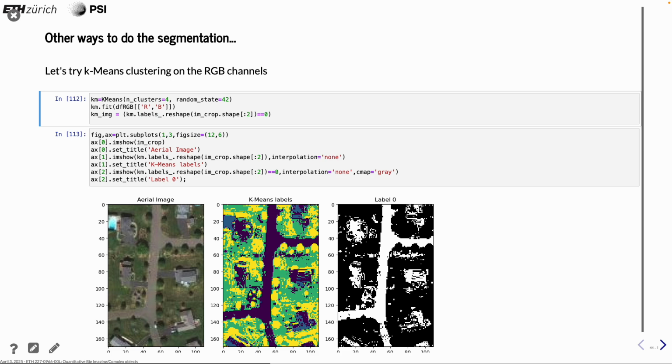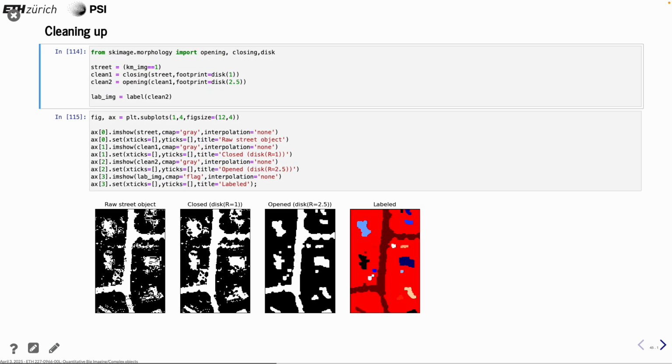But anyway, we use this label, and then I again apply this closing and opening operations and do some labeling, and then I get this structure, and it's already much cleaner than we had before. So this is probably a better approach.